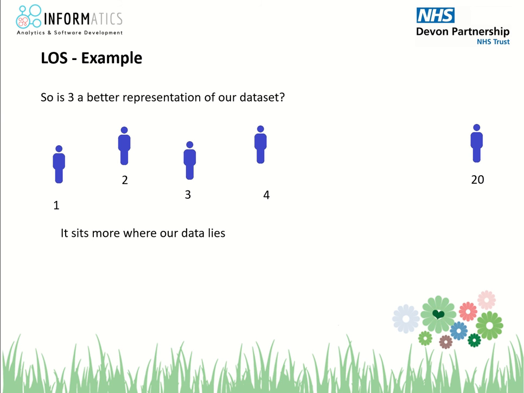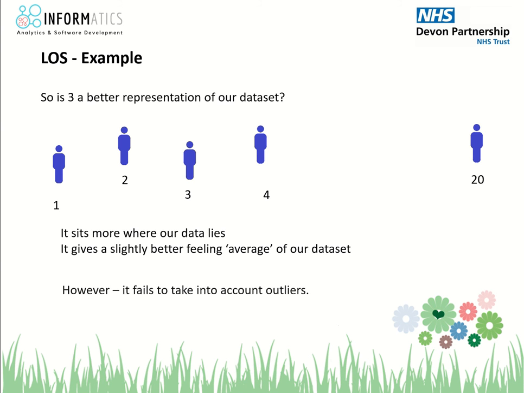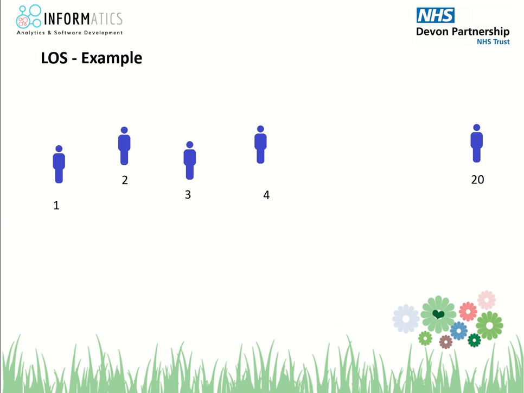It sits more where our data lies, and it gives us a better feeling of the average of our data set. However, it completely fails to take into account outliers. So our 20 could be 200, could be 2000, and our median would still be 3.